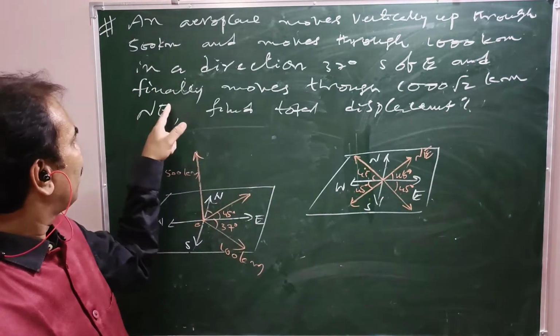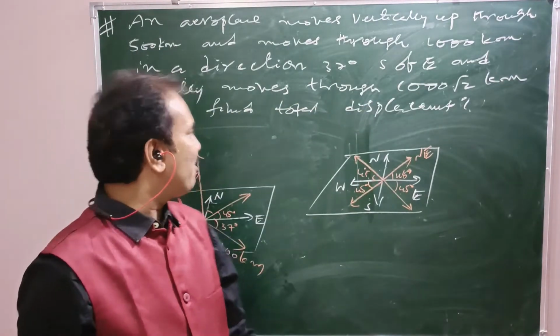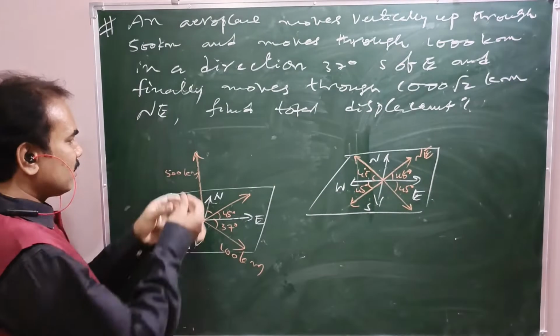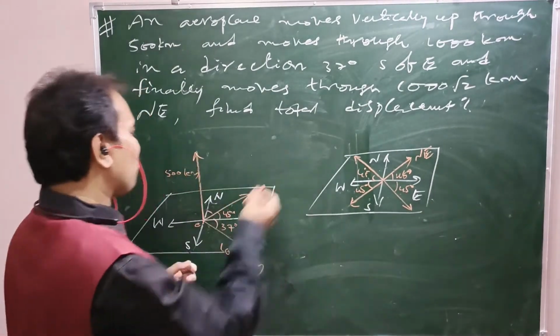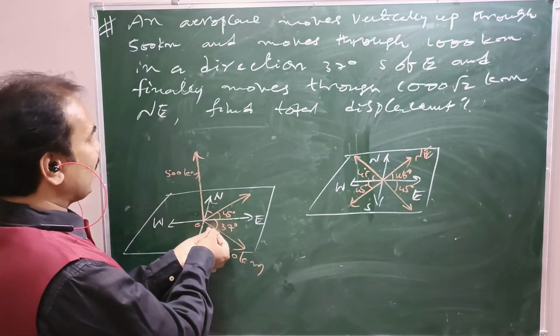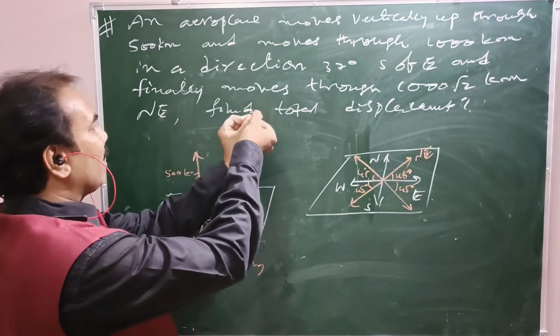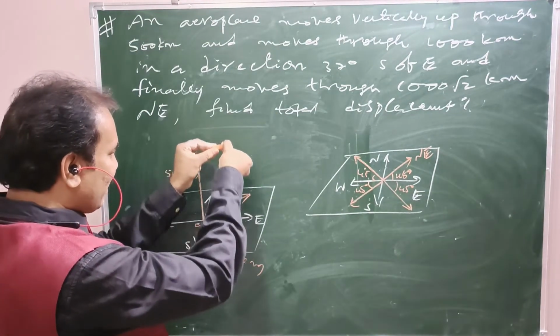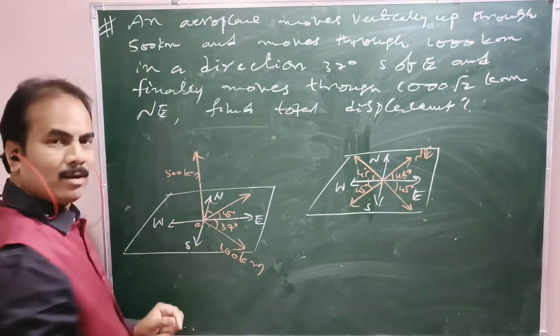In our sum, what is the final displacement? Finally it moves through 100√2 kilometers northeast. See, vertical up, fourth quadrant, and again first quadrant. The fourth quadrant vector is shifted parallel to itself and joined somewhere here. Similarly the first quadrant vector is also shifted parallel to itself and joined somewhere here in the plane of the ground.